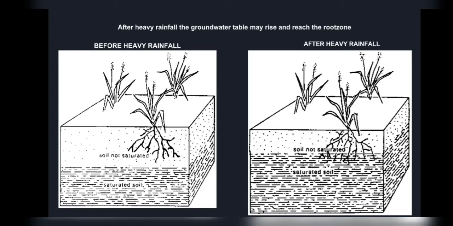Again, if this saturation lasts too long, the plant may suffer. Measures to control the rise of the water table are thus necessary. The removal of excess water either from the ground surface or from the root zone is called drainage.